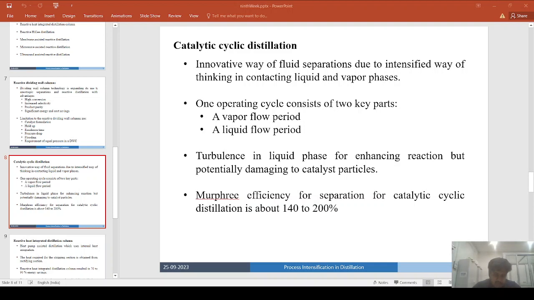Such a setup has the ability to control the amount of liquid on the tray and thus the reaction time. As the liquid holdup and the amount of catalyst per tray can be significantly greater than in conventional reactive distillation systems, applications to slower reactions become feasible, thus extending the range of applicability of reactive distillation.